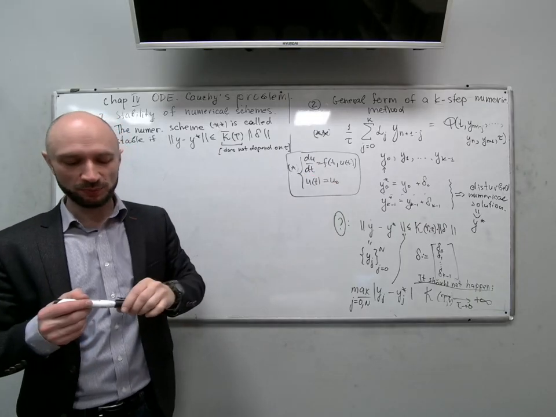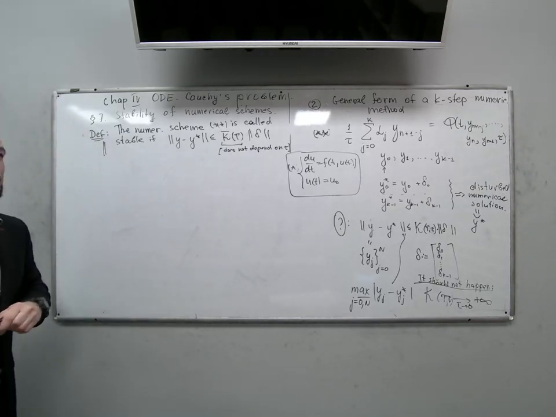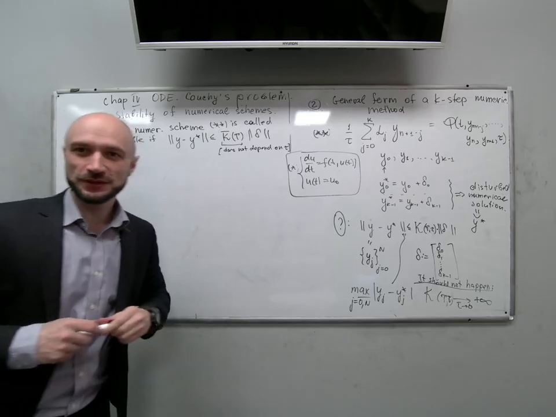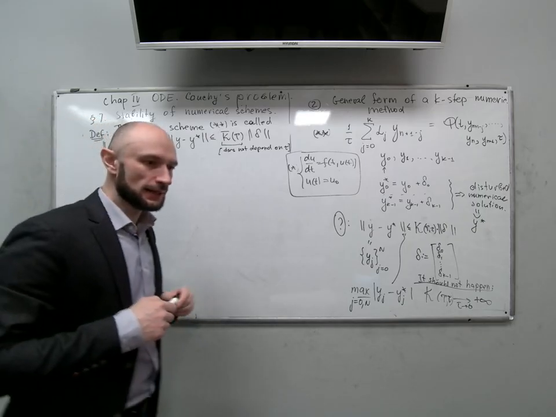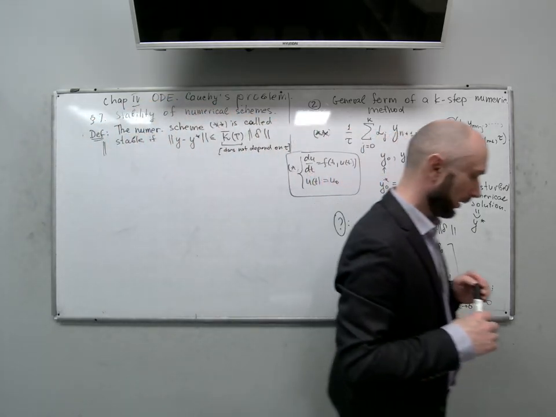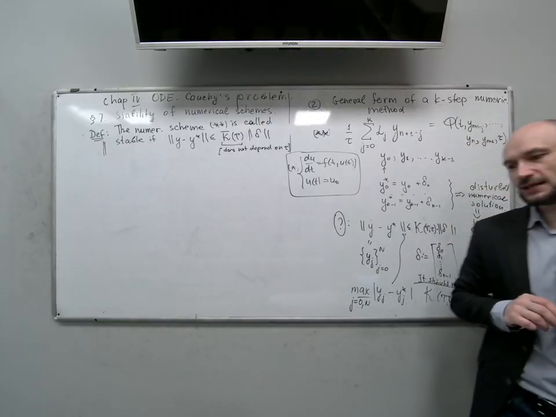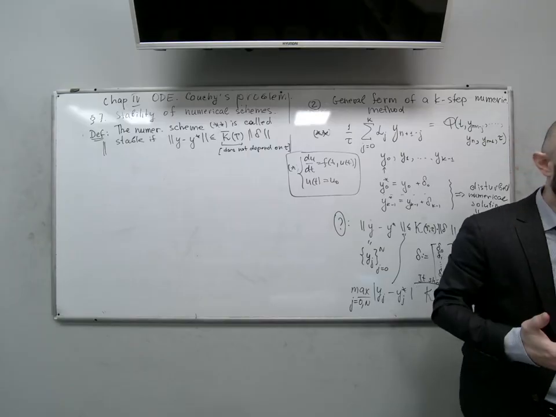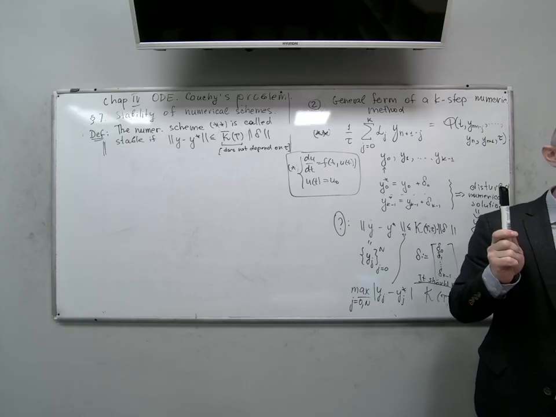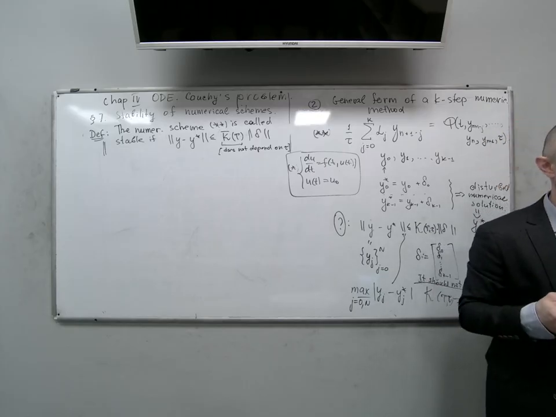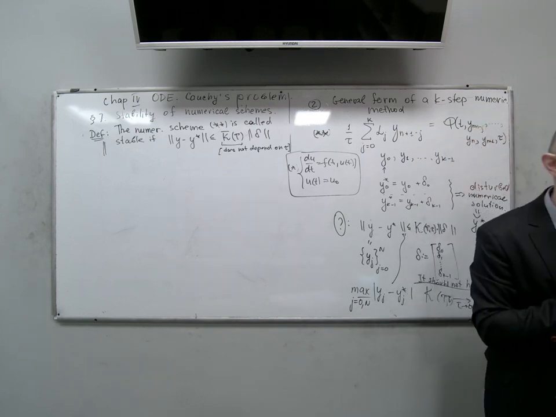Since this problem is very hard, in the 1950s, Swedish scientist Dahlquist proposed the following approach. Let us take a set of counterexamples, so to say. Let us take some particular forms of this right-hand side that we think are representative of the most problems or the most important problems that we are dealing with.